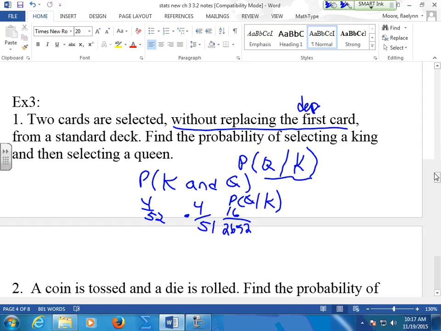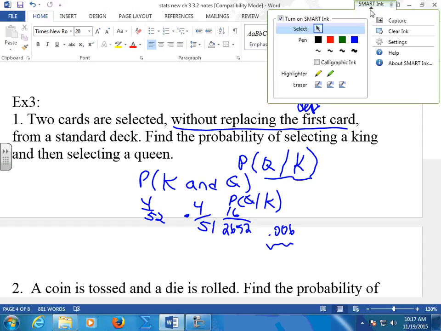If you want to leave them with a common denominator until the very end, you can do that, or you can keep 3 decimals. I think the 3 decimals show you the rarity, because even if you move the decimal point, it's less than 1%. I mean, yes, this looks small, 16 over 2652, but I like the decimal. I don't know what you prefer, but you'll figure that out.